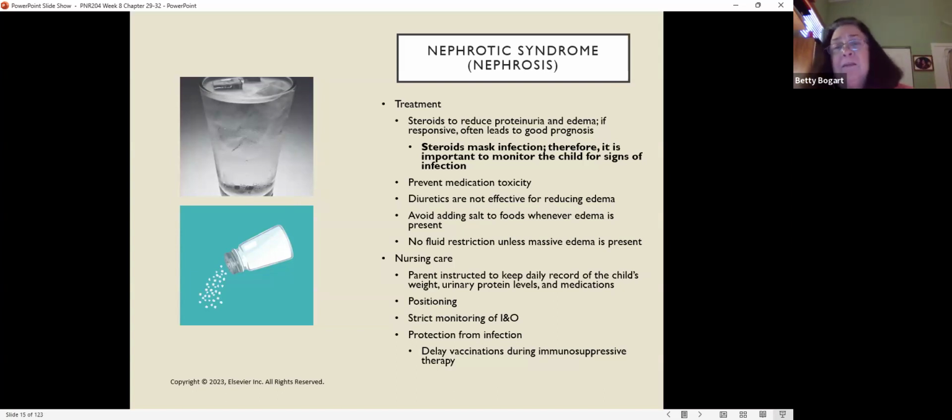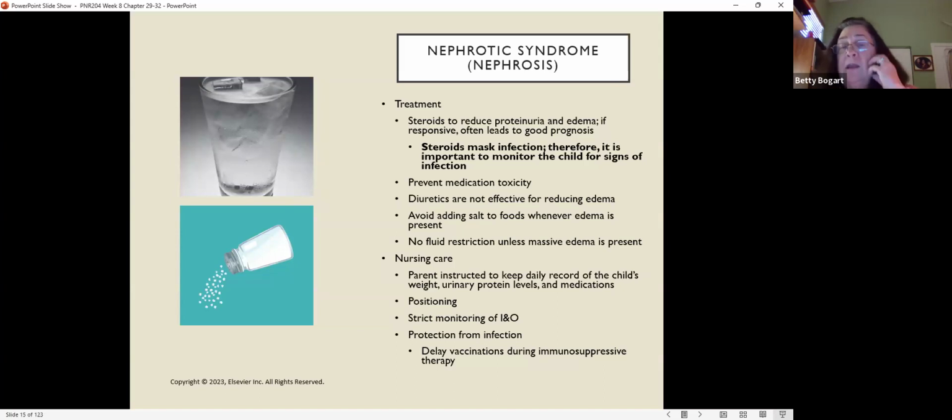So that's the big thing about nephrotic syndrome. This has to do with fluid balance and being more apt and prone to get infections. So they need to do daily weights and keep an accurate level of it, okay?